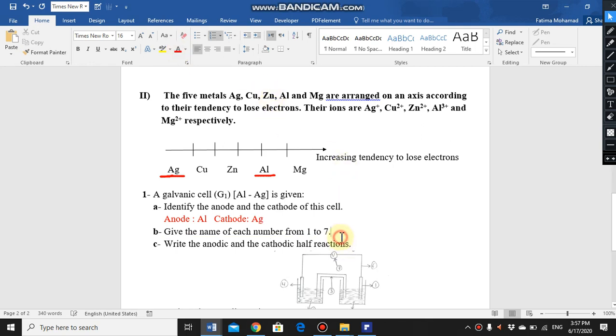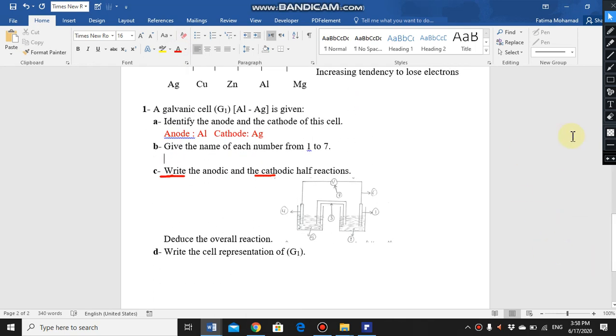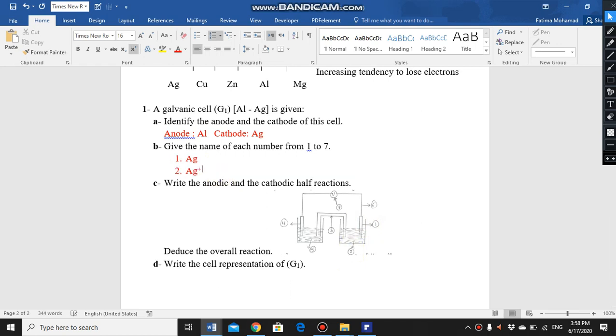Give the names of numbers 1 to 7. Number 1 is this one. We don't have which one is the anode or the cathode, so let's say number 1 is the cathode. The cathode is Ag, so 1 is the Ag+ solution.